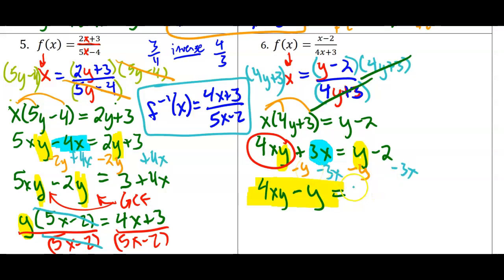So what I end up with is minus 3x minus 2. Right, now that I've done that, I'm seeing that I have all my y terms on the left. There's a y term with a y in it. There's the other y term. All of my y terms are on the left.